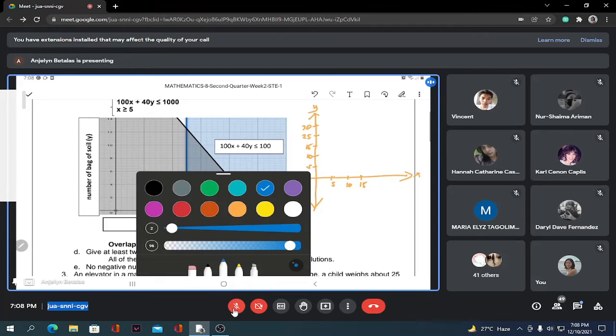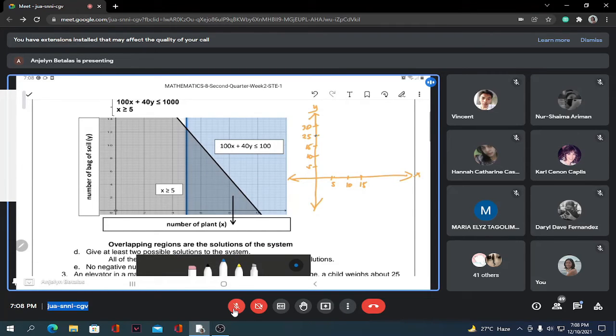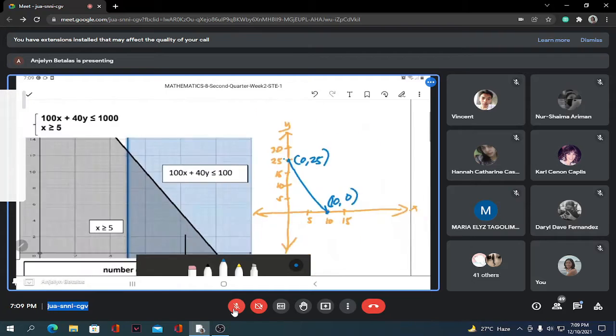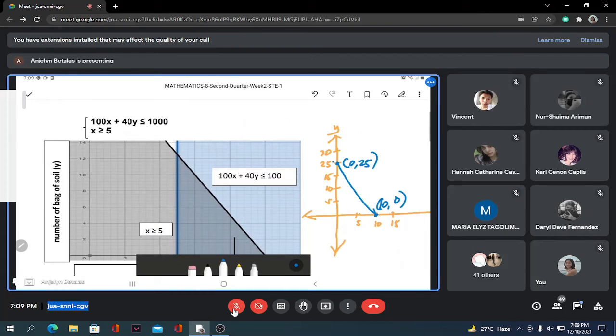So, we have a point, 25, 0. Is that right? Then 10, 0. So, connect. And the shading is towards 0, 0. So, that's quick.